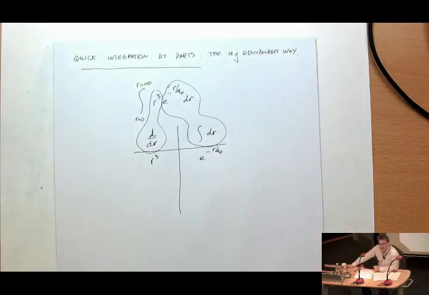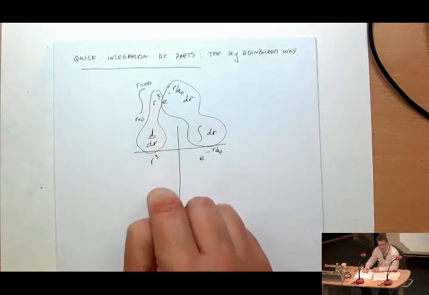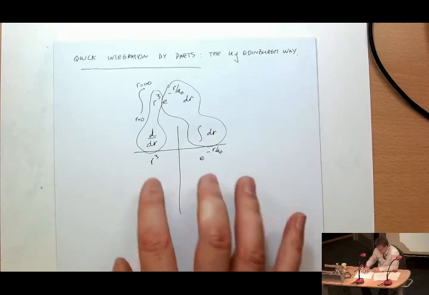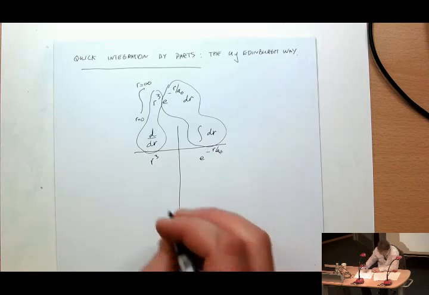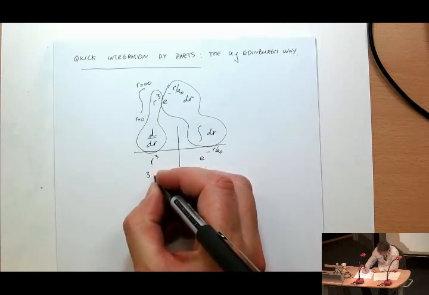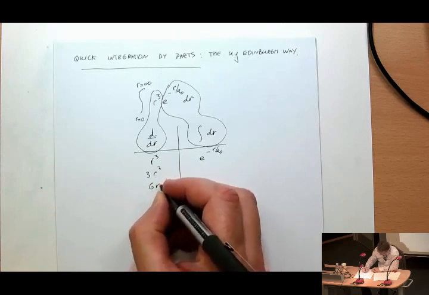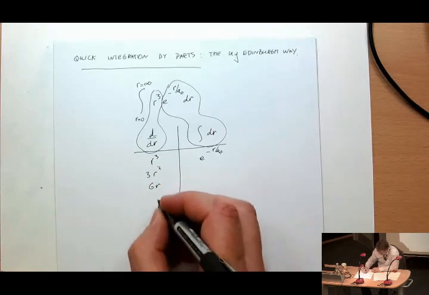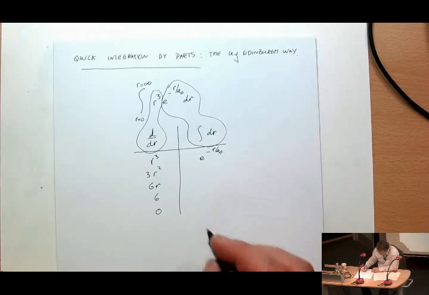So I want to choose something to differentiate which eventually will die off to 0. And then my list here will stop, and when we do the sum, you'll see why. So I differentiate first once, I get 3r squared, differentiate again, get 6r, differentiate again, 6, differentiate again, 0. And then I'm going to integrate this one up.